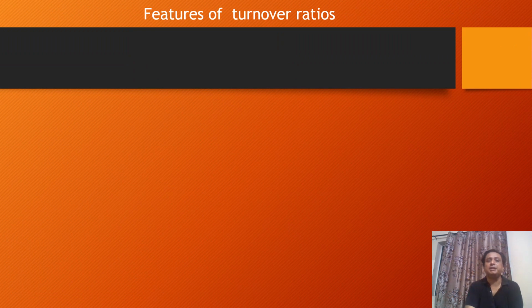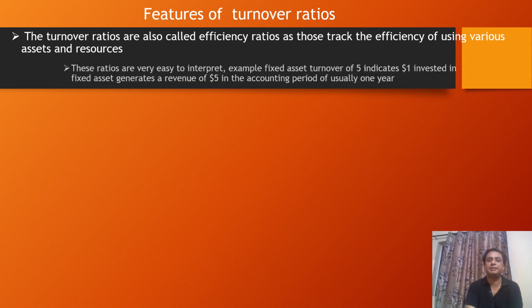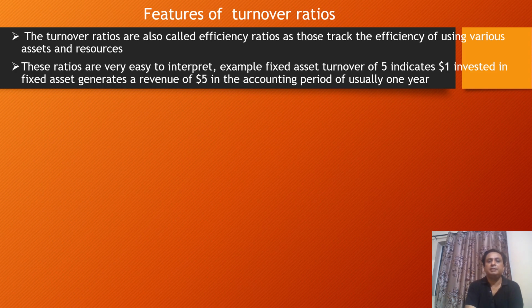Now let's study some features of these turnover ratios. The turnover ratios are also called efficiency ratios, as those track the efficiency of using various assets. These ratios are very easy to interpret. For example, the fixed assets turnover ratio of 5 indicates $1 invested in the fixed assets generates a revenue of $5 in the accounting period of usually say 1 year.